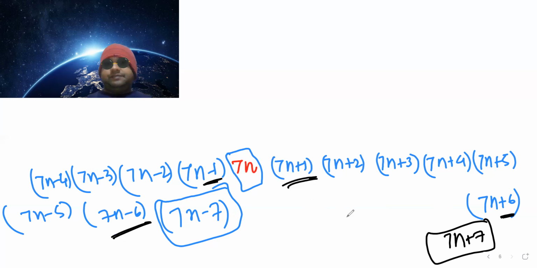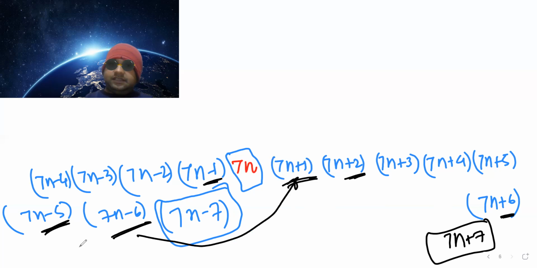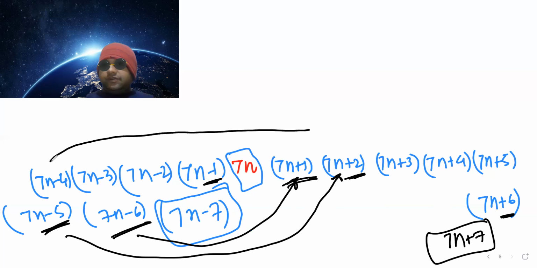These two numbers are the same. Similarly, 7n minus 5 is nothing but 7n plus 2. So minus 6 and plus 1 are the same remainders, minus 5 and plus 2 are the same remainders, minus 4 and plus 3 are the same remainders. But what will change?